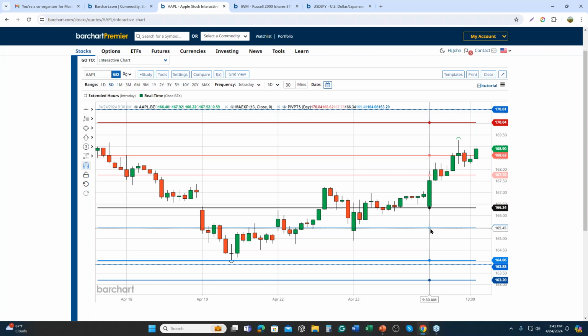And so the third type of entry is the confirmational entry. So what do we want to see? Well, we want to see price take out resistance. We want to see price continue to move in a favorable trend. So again, this is where our exponential moving average gives us that permission, as long as price continues to move higher.